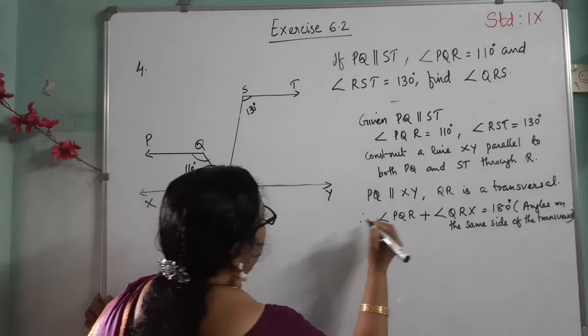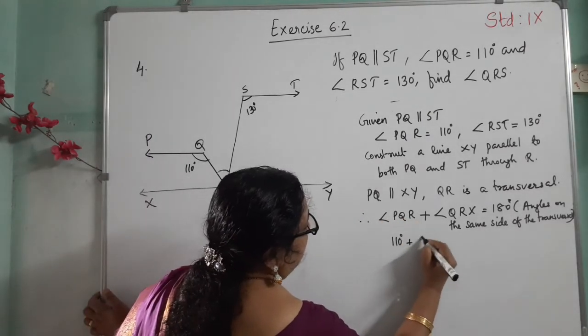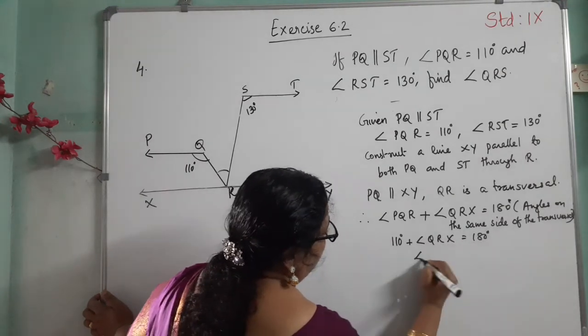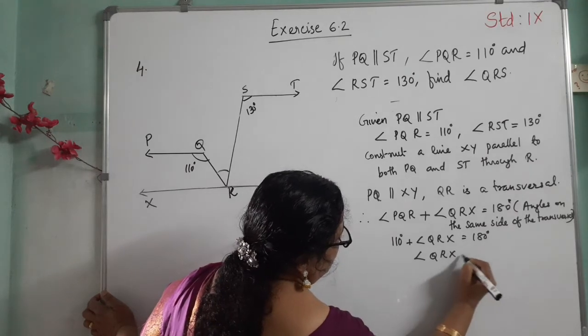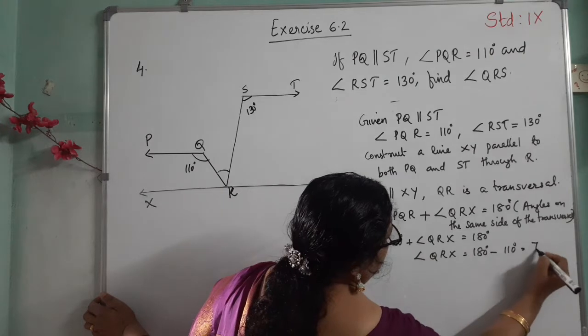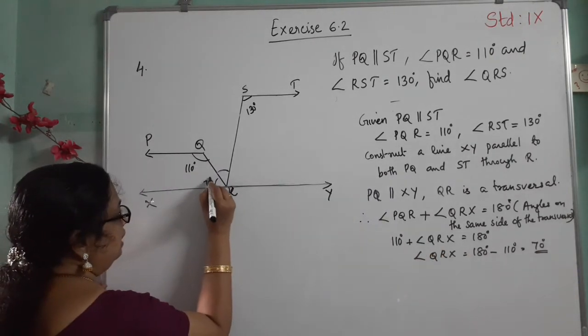Then PQR is given as 110, that is, 110 degrees plus angle QRX equals 180 degrees. That is, angle QRX equals 180 degrees minus 110 degrees, which equals 70 degrees. So this angle we get is 70 degrees.